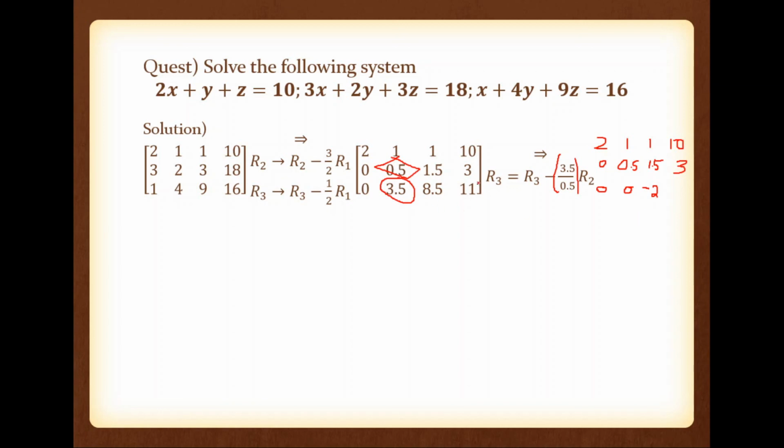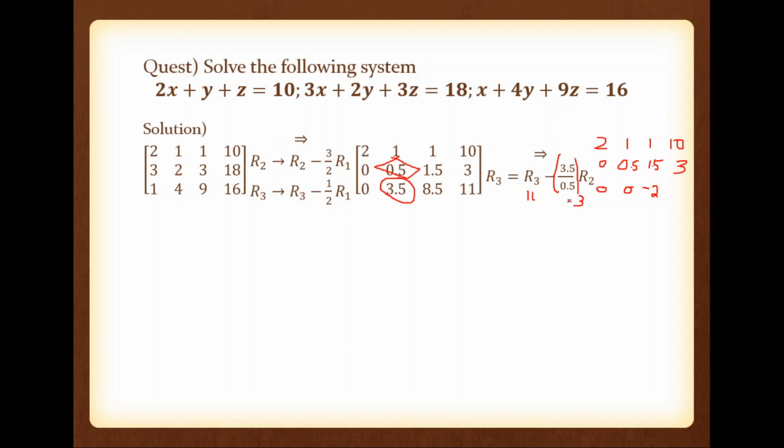Now, what about the last element? This is 11. What is the corresponding element in row 2? That is 3. So 11 minus 3.5 divided by 0.5 into 3.